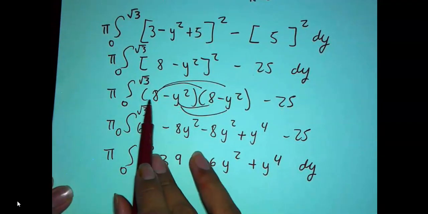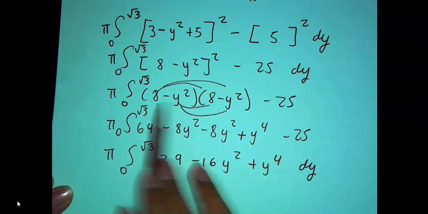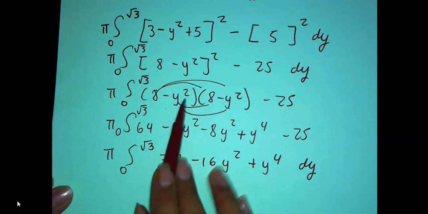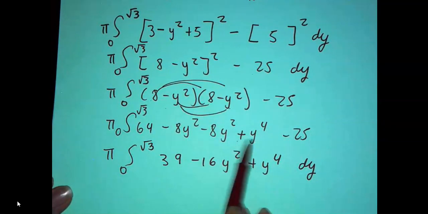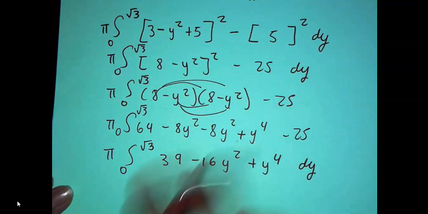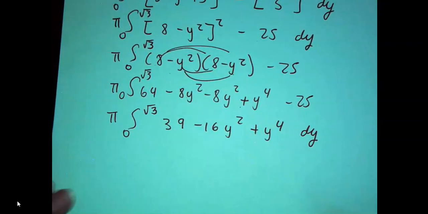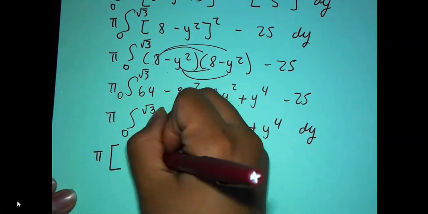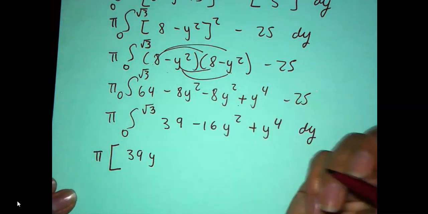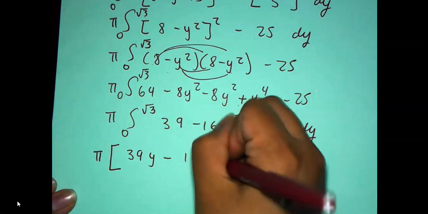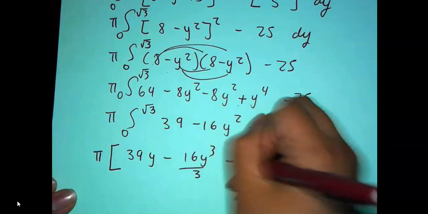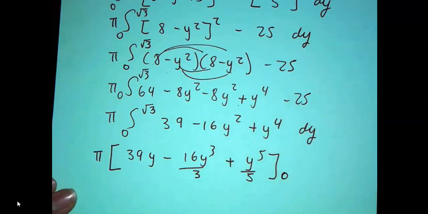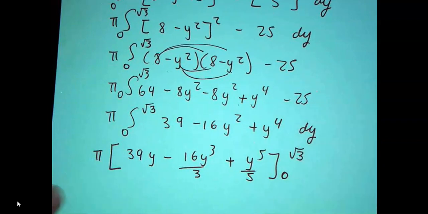So here I distributed the 8. 8 times 8, 64. 8 times negative y squared. Negative y squared times 8. Negative y squared times negative y squared becomes a positive y to the 4th. And then I'm just combining my terms. And now we do the integral. So it'll be 39y minus 16y cubed over 3 plus y to the 5th over 5, evaluating it from 0 to the square root of 3.